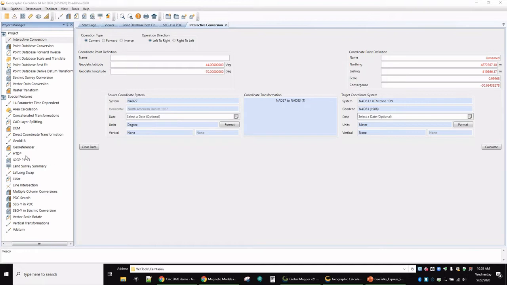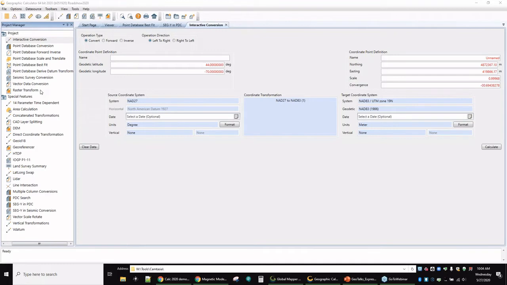And again, the first thing we're going to start is just a general overview for folks of you who may be new to Geographic Calculator. The breakdown of the application is that it is a geodetics calculation application. So all of the jobs that you see down the left-hand side of the interface here in the project manager, they're all for performing some kind of calculation, some kind of coordinate conversion, datum transformation, distance and heading calculations, any number of different things.